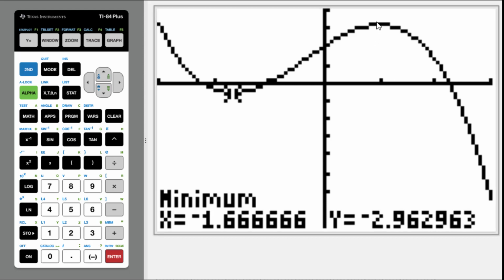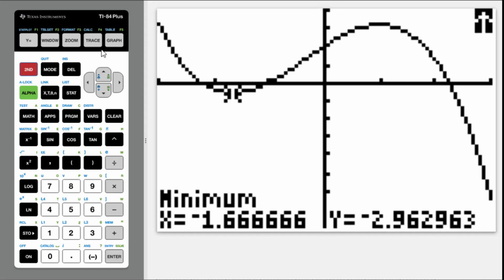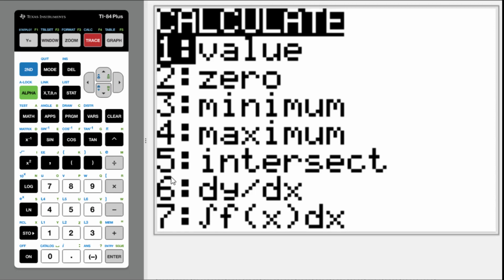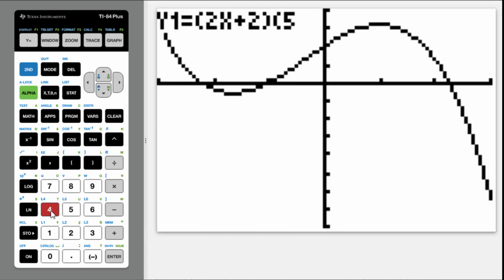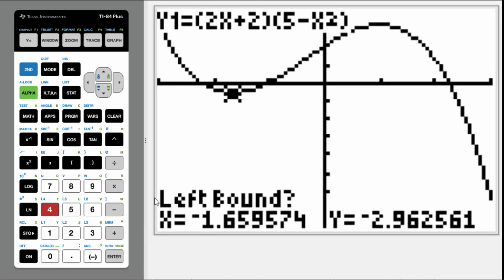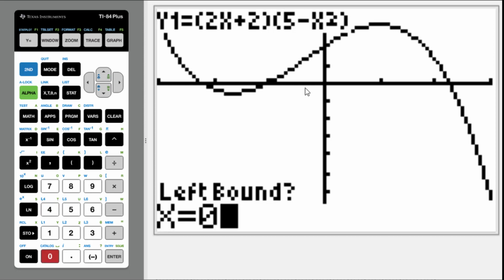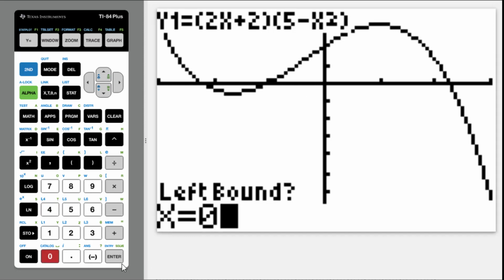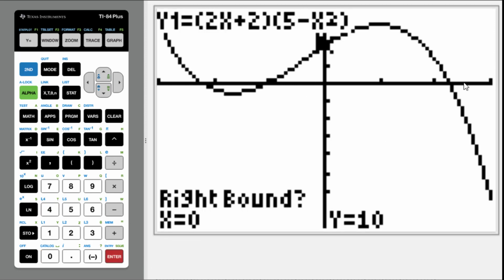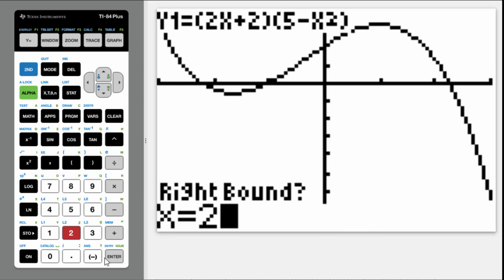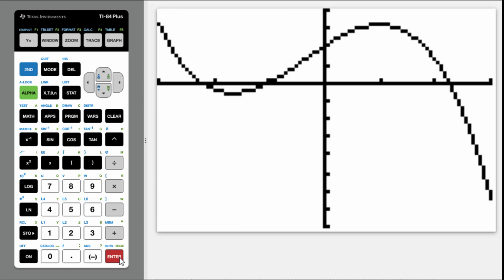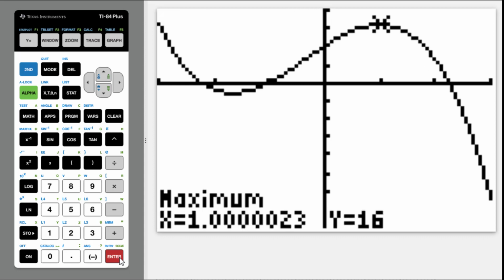Let's go to this maximum point. Second trace, 4. 0 at the left bound. Right bound, we can put 2. Enter. Enter. So we get 16 as the maximum point.